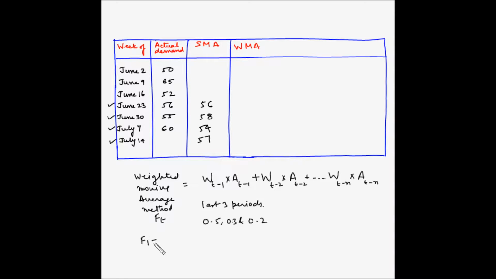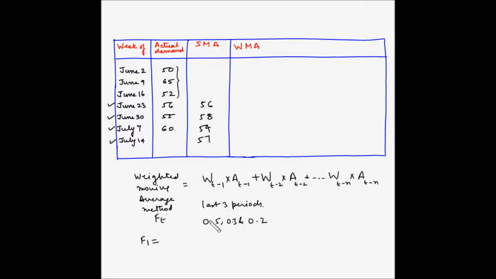So F1 is equal to, now for the week of June 23rd, the last 3 periods are these 3. The latest one being June 16th, for which the actual demand is 52. So At minus 1 is 52, At minus 2 is 65 and At minus 3 is 50.